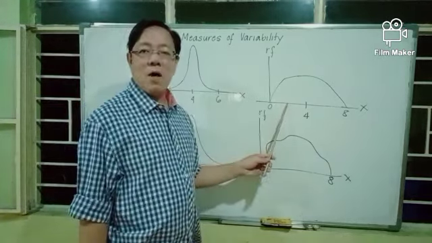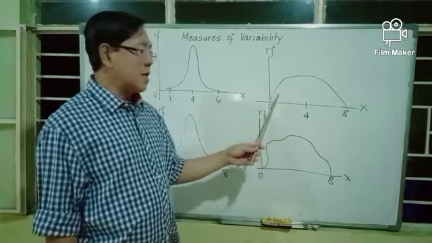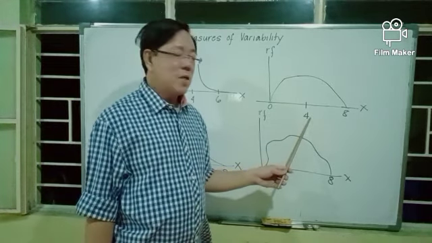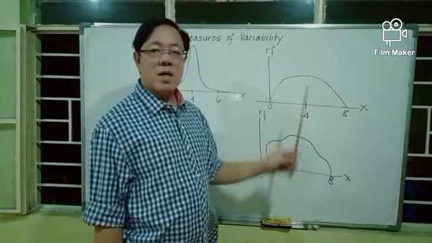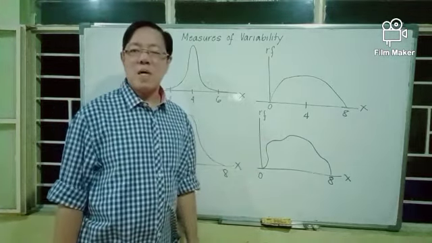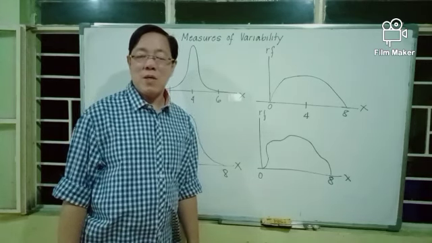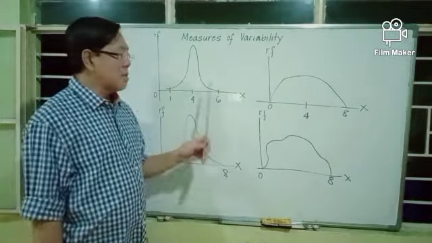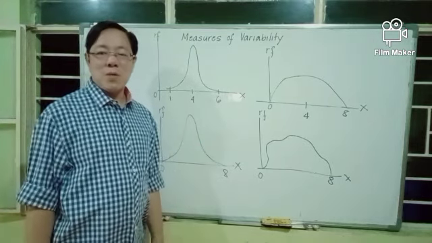In the second set of measurements or values represented by this graph, the center of the distribution is also at 4, or 4 is located at the center of the distribution of measurements. So these sets of measurements have the same central value, or their centers are located at the same value or measurement.